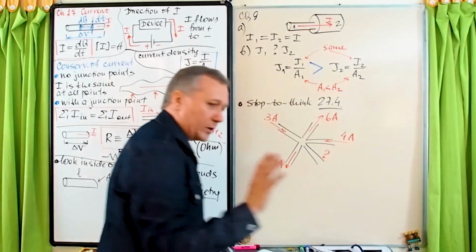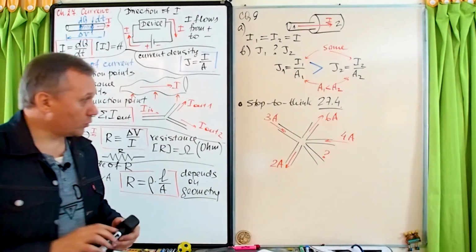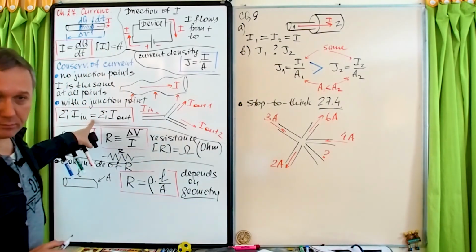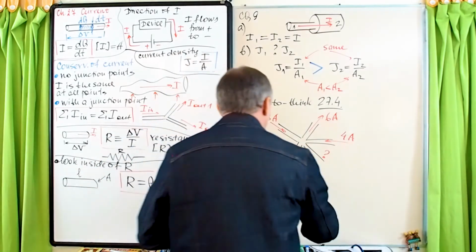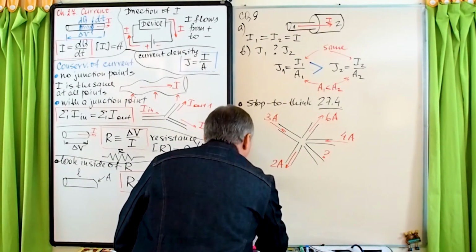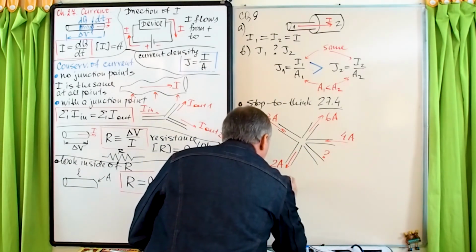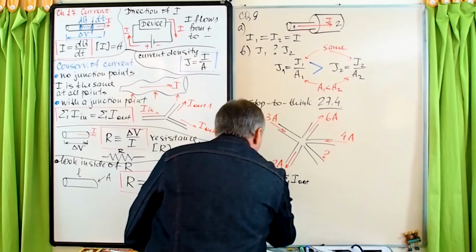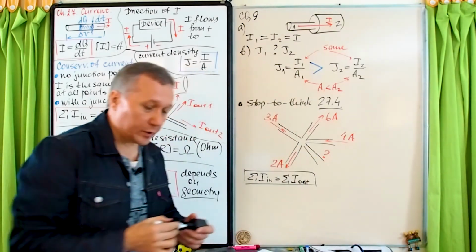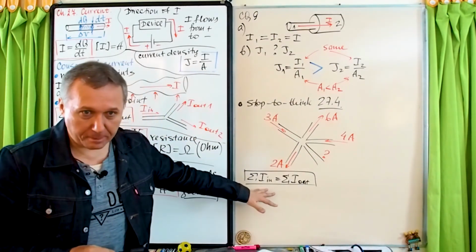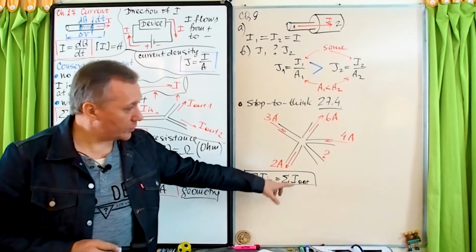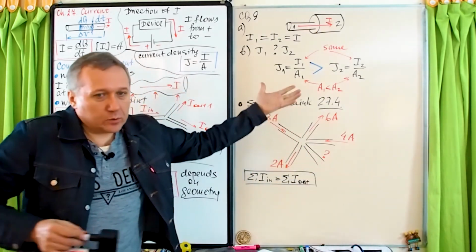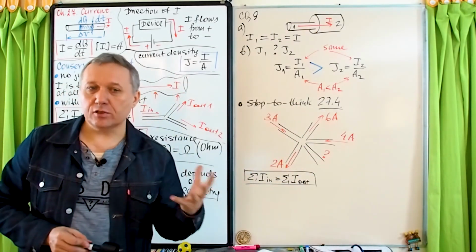Okay, just one minute, it should be enough. We just need to use conservation of current in the presence of the junction point. The total amount of current in must be equal to the total amount of current out. Now, in order to apply this formula properly, let's make an assumption, because we don't know anything about this current. If it's out or in, who knows? But we have 50% chance of getting it right.